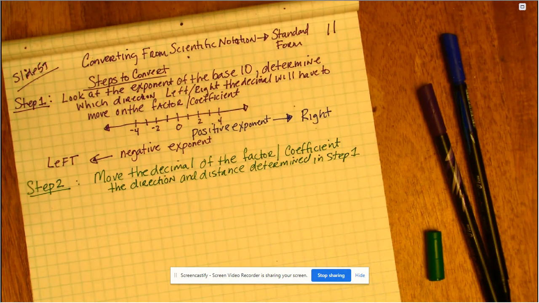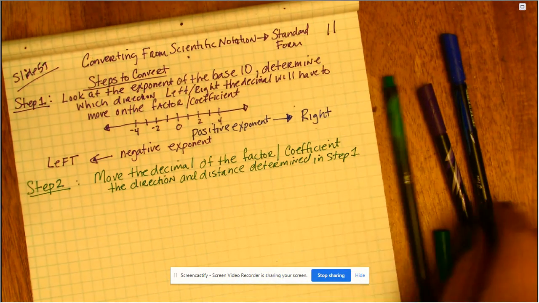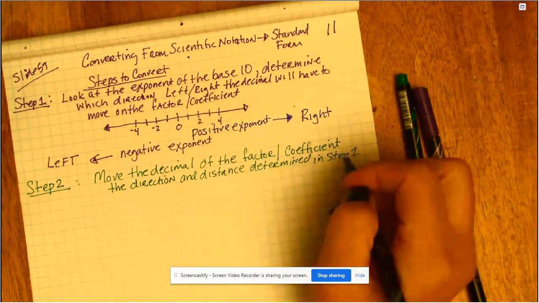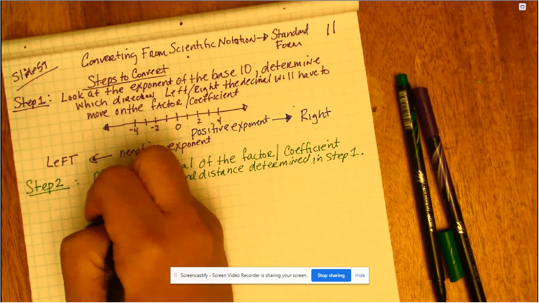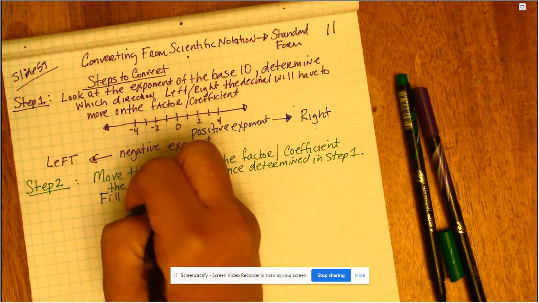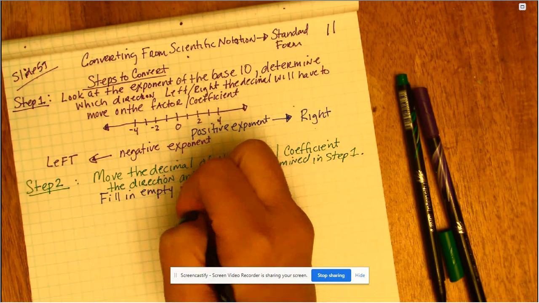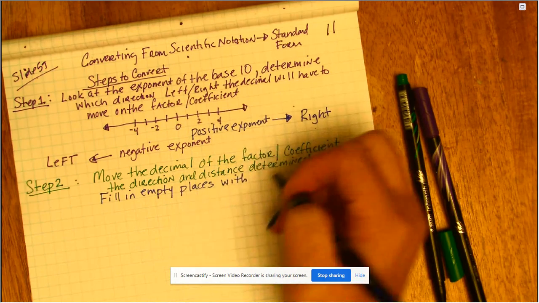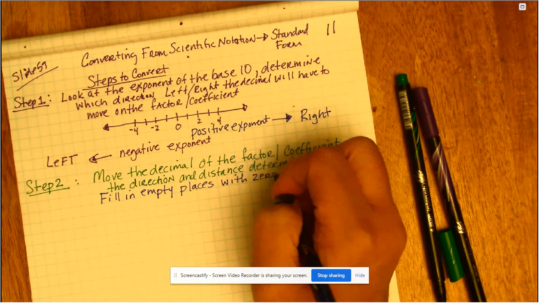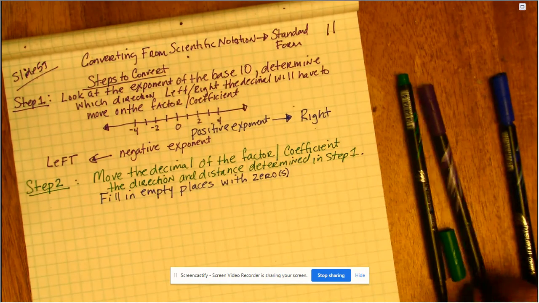So let's look at what else we may have to do. The last thing we want to write here: fill in empty places with 0 or zeros. So what does that look like?